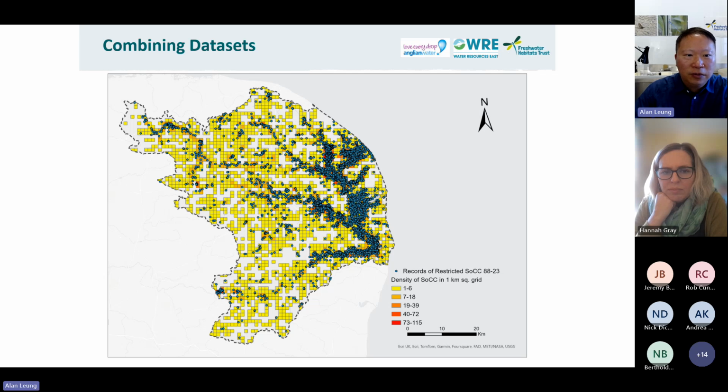We have this map showing the location of restricted species of conservation concern, as well as the locations with a higher concentration of species of conservation concern, with higher density of them.